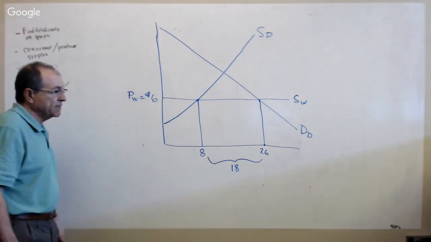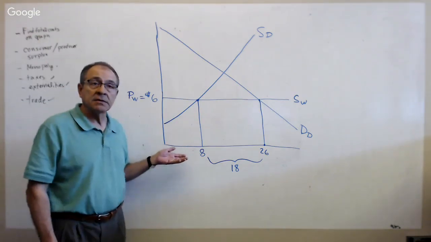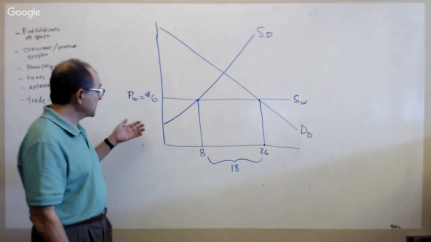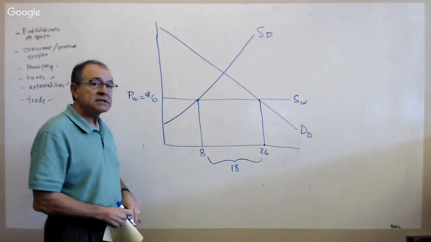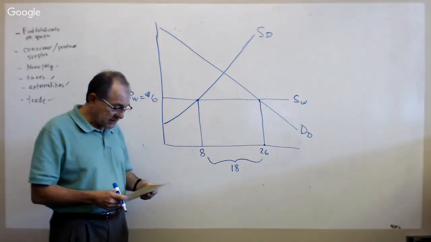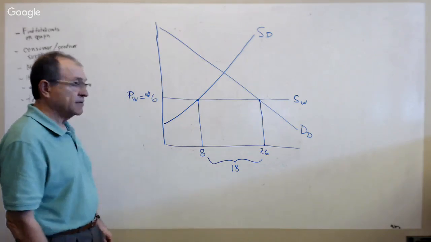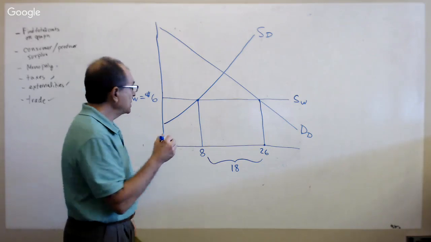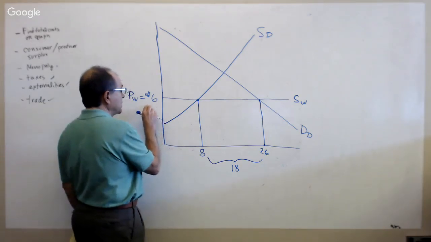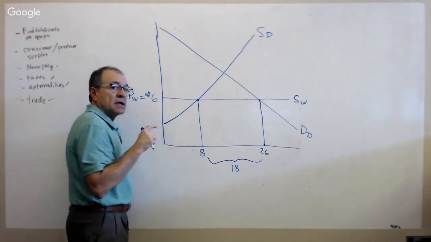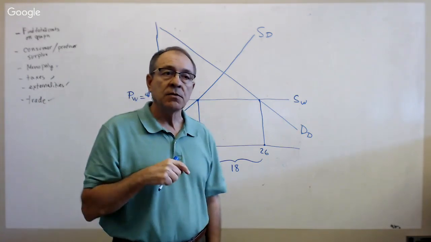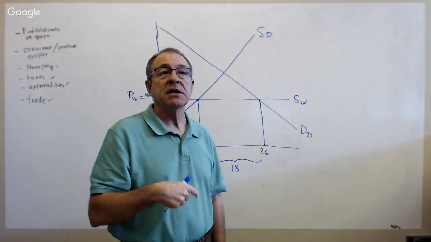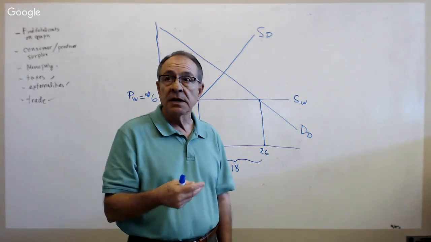Okay, so let's suppose that the United States government has decided to implement a tariff on steel, and let's say it's a $1 tariff to make this simple. That's going to mean that in order to gain access to a unit of foreign steel, not only will consumers have to pay $6, but they also have to pay the government $1 of taxes.